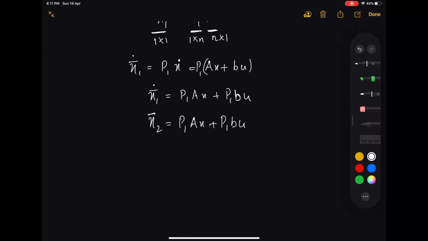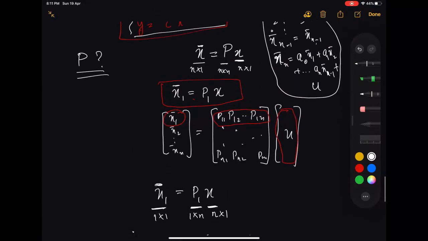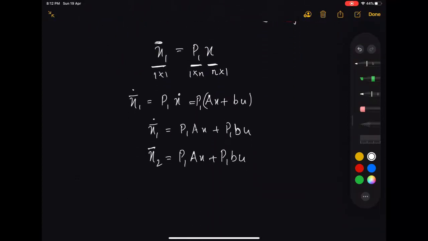And you have already seen, because of this equation, that x bar is a linear combination of x's. So you get x bar only by linearly combining x's. That means that x2 bar should also be obtained from the linear combination of only x. So that automatically means that this term has to be 0. This implies that p1b has to be equal to 0, right?